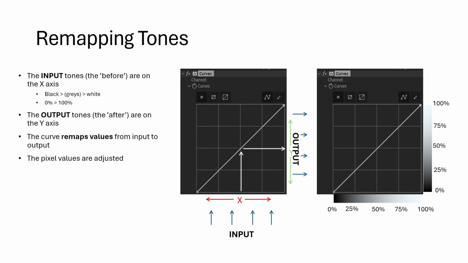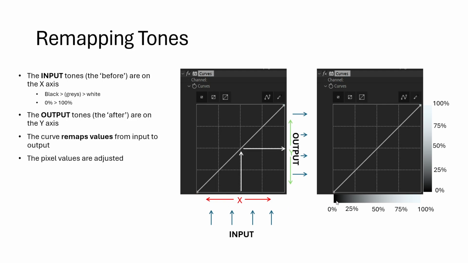Okay, it helps when you're learning about curves to understand how the curve is actually set up and displayed as a tool. So if you look at the grid or the box here, it has an x-axis and a y-axis, and you can think of the image being changed by the curve from an input or a before to an output or an after.